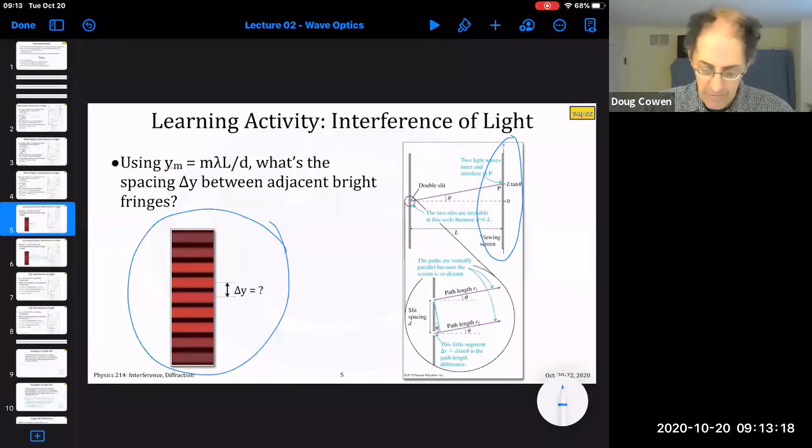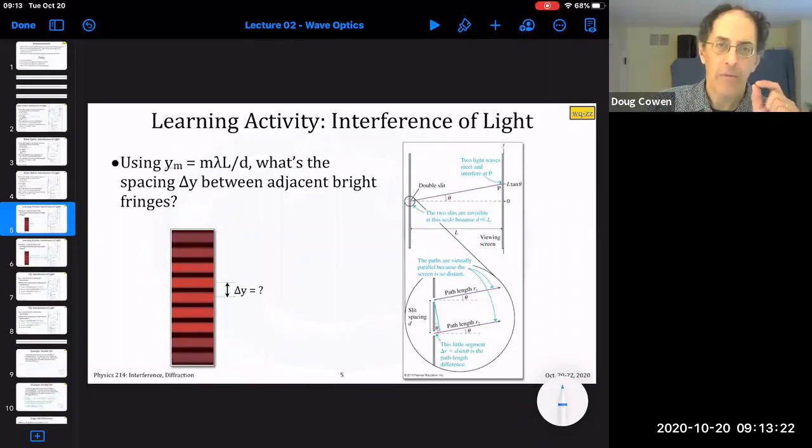So the question here is, what is this distance between the fringes? In order to do this, we're going to need to figure out a general expression for delta y. So if, let's say, this is y sub m and this is y sub m plus 1, what can I write for delta y?